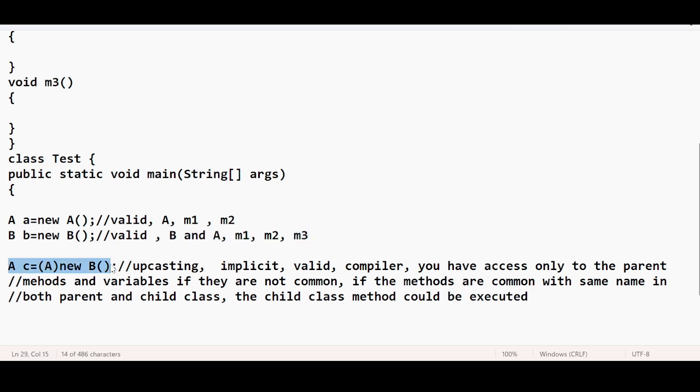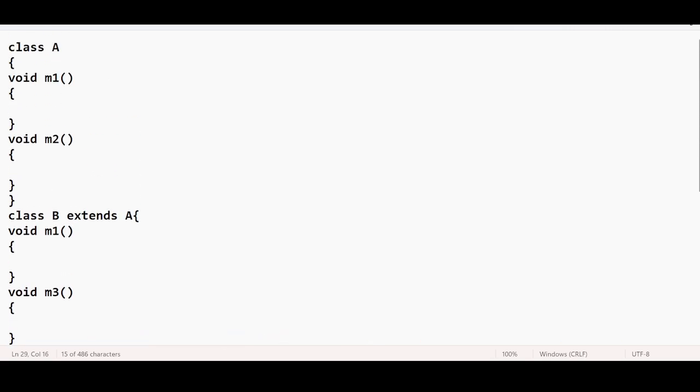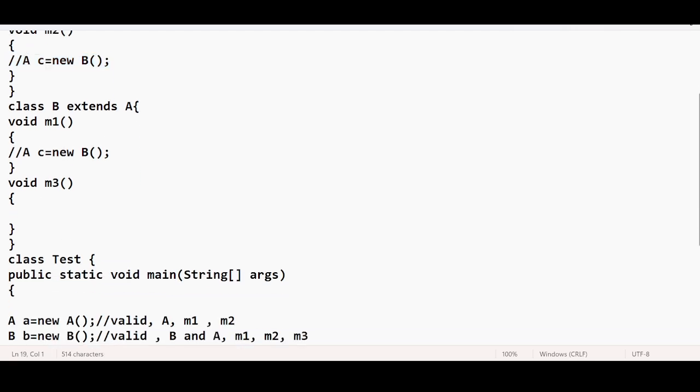But when I do this, I will be having access to specific A class methods. What is a specific A class method? M2 is specific to class A. This M1 is common to class A as well as class B. Now, A a equal to new B. When I create the object, I have access to this method and this method, but I don't have access to this method.